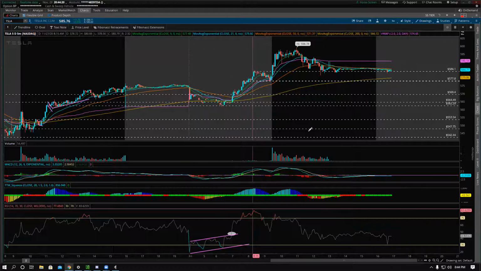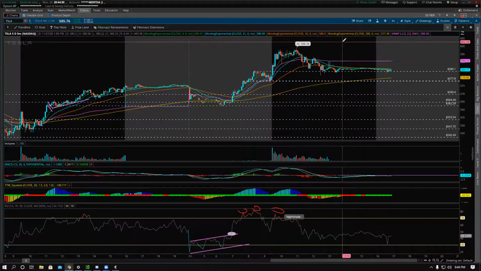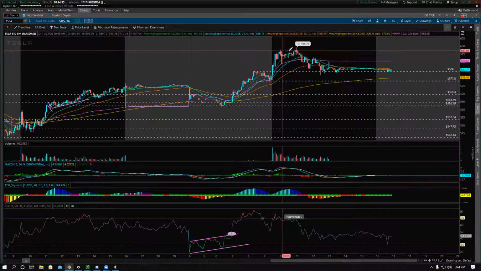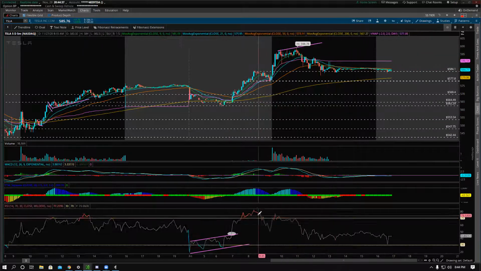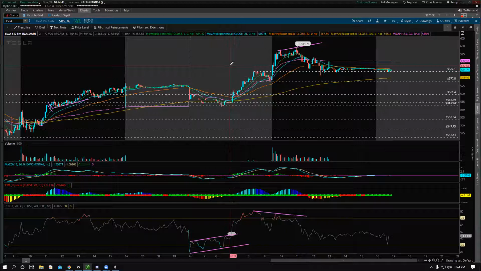I do find it a lot easier to find divergence if you are looking for it in the overbought and oversold areas. For example, here, I can't really tell much. There's no trend in that RSI. It's just random, and it didn't really show you much here. Another tip I would give you is to always look at where we see an aggressive bounce in price.